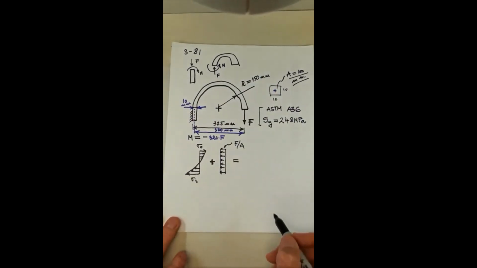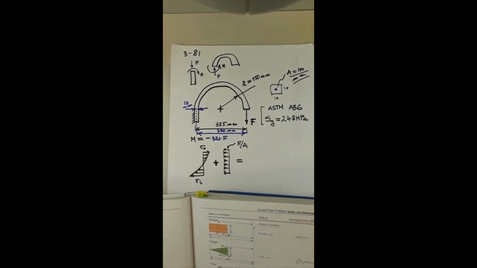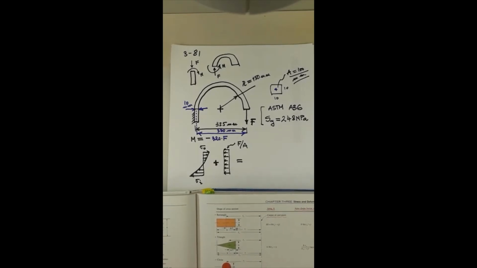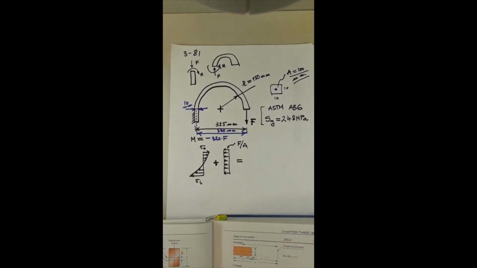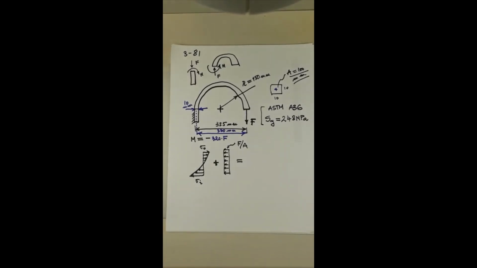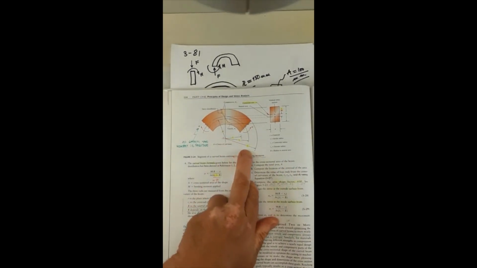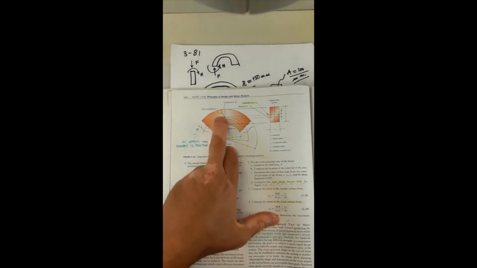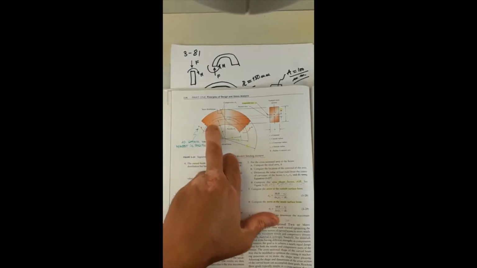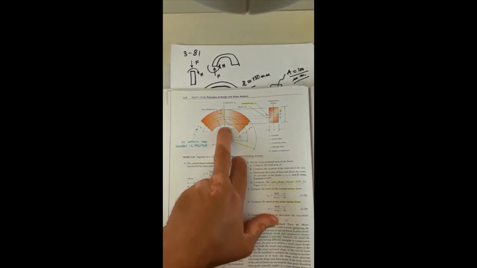Okay, so let's see, if we're to implement equations 328 and 329, we need to calculate the radius. Back to the figure, we need to calculate the radius, capital R, that locates the neutral axis from the center of curvature of the bar.